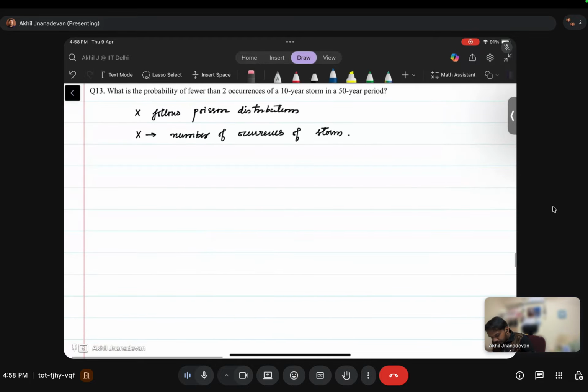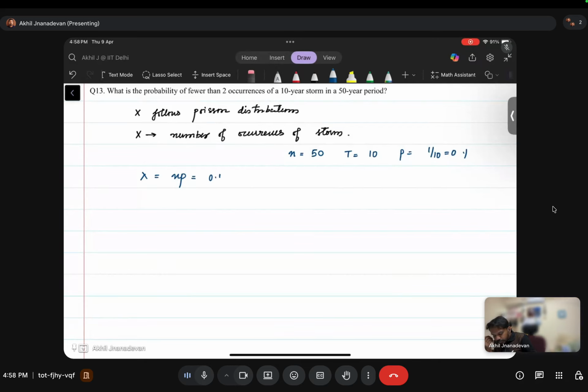So you already know how we used to find lambda. Lambda is nothing but given by NP. It is the average number of occurrences, right? Here N is 50, the total number of years, and our return period is 10, so P will be 1 by 10, that is 0.1.